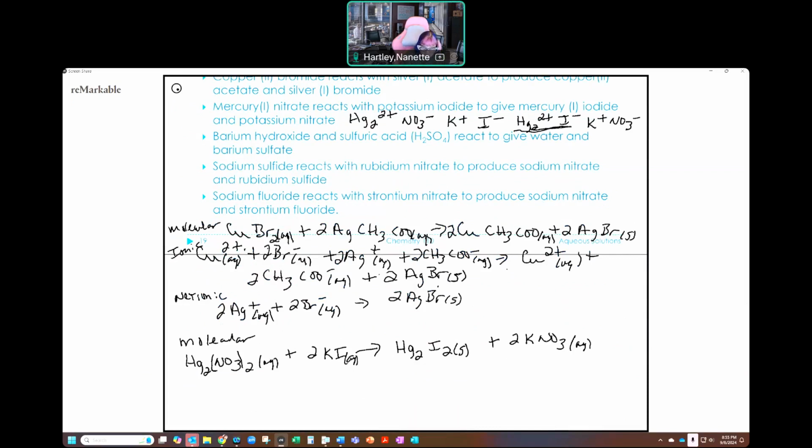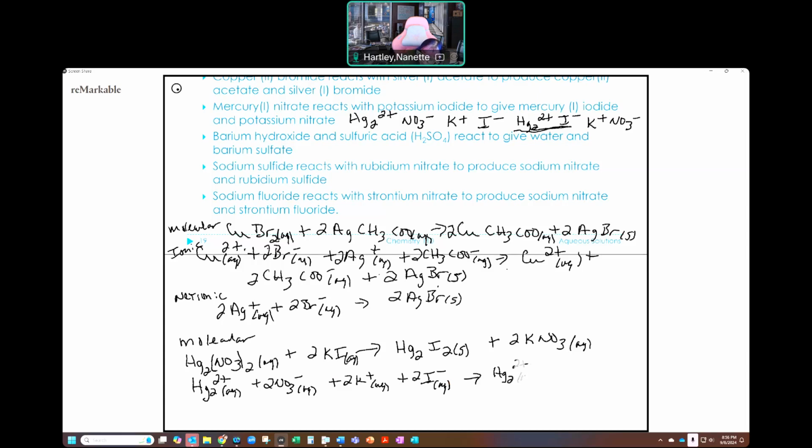Now if I want to write it all out in my ions, I have Hg2 2+, that is aqueous, plus 2 NO3 minus, again aqueous, plus 2 K plus, aqueous, plus 2 I minus, again aqueous, goes to Hg2 2+, oh wait, hold on.